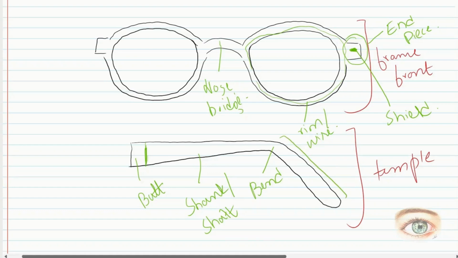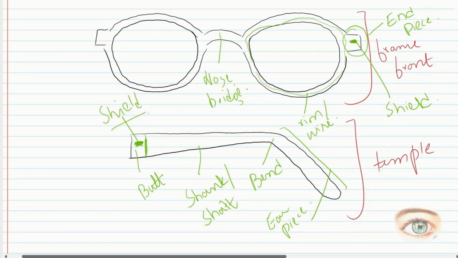This piece is called earpiece. And we also have hinges on the butt, which are called shield. Sometimes in metal frames, we also have an extra wire between right and left frame for stability. This is called top bar.